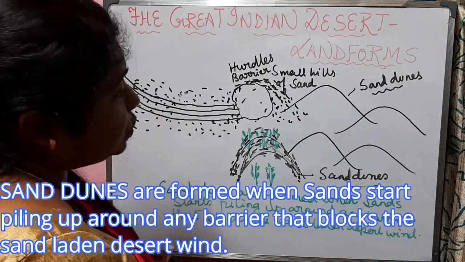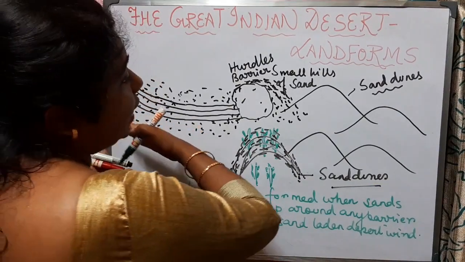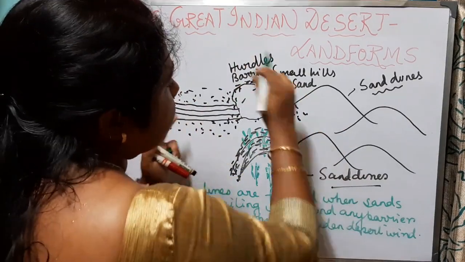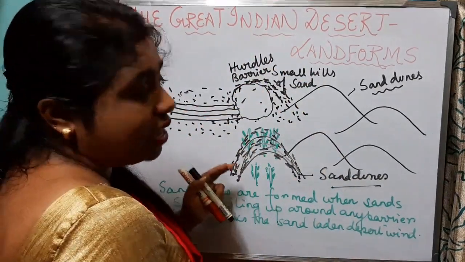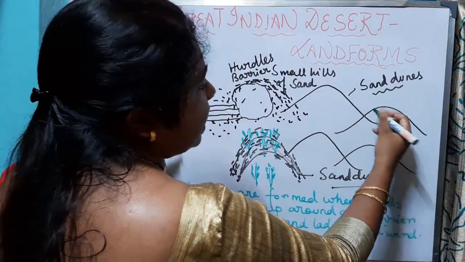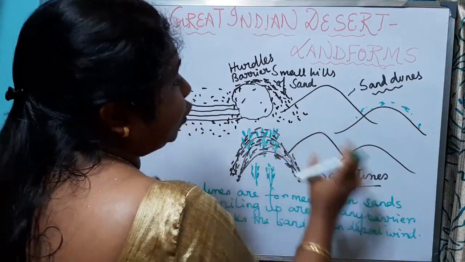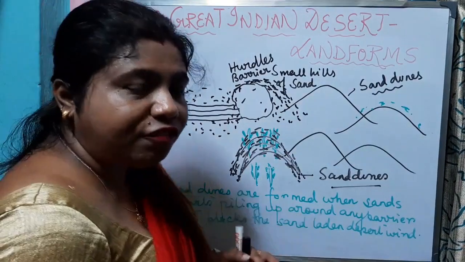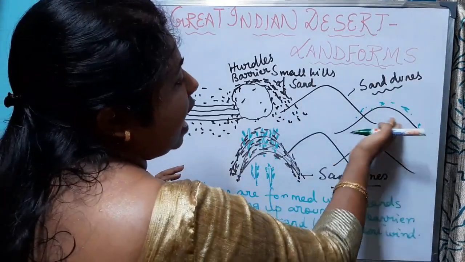Now the sand dunes are not fixed. Why is it not fixed? Because the wind can blow very fast, can deposit sand at one place, and again when the wind blows faster, it will carry away the sand and deposit it at another place. So the sand dunes are not constant, they are not fixed. They take place at one place and again they can take place in another place.